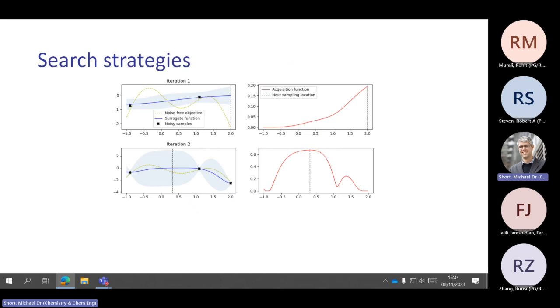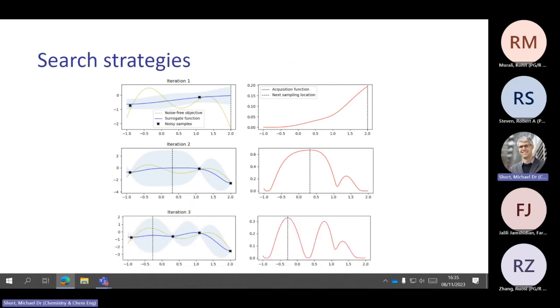But unfortunately, the value we obtained is small, so we update the Gaussian model and then maximize the acquisition function again. It gives a value between 0 and 0.5.